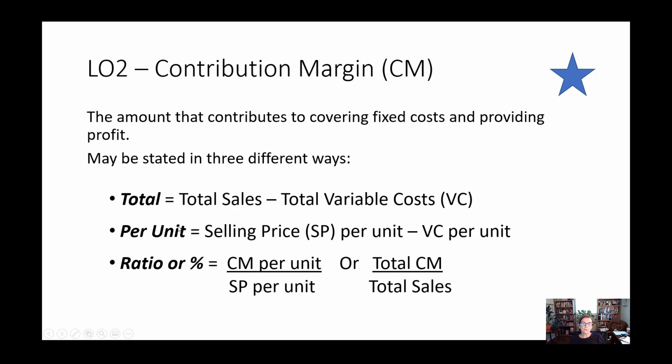You can have contribution margin per unit, which is selling price per unit minus variable cost per unit. You can also have contribution margin ratio, or a percentage, which is either your contribution margin per unit divided by your selling price per unit, or your total contribution margin divided by your total sales. So your ratio is basically your contribution margin as a percentage of sales. All right? Important, you need to memorize these 3 different ways of calculating contribution margin: sales minus variable cost, selling price minus variable cost.